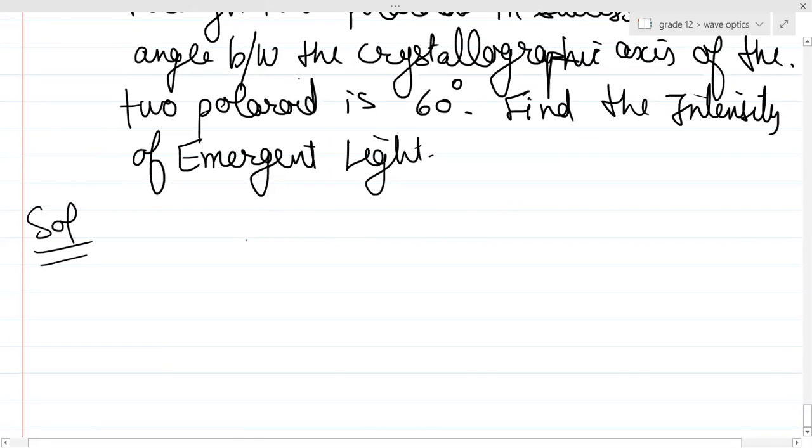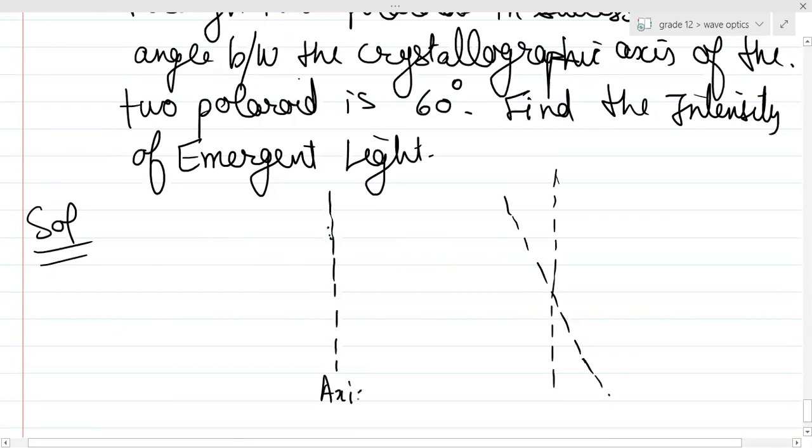So suppose guys there are two Polaroids and let's say, अच्छा, I'll just draw the axis, है ना, transmission axis. I'm not drawing the whole thing. ठीक है? This is the transmission axis of first one, and this is the transmission axis of the second one.